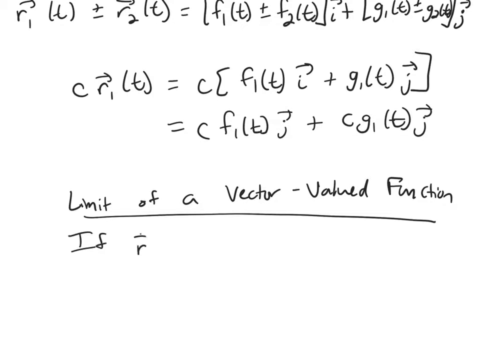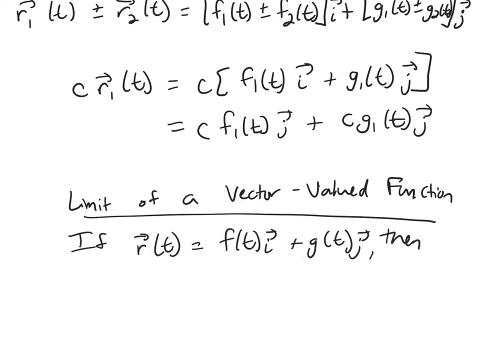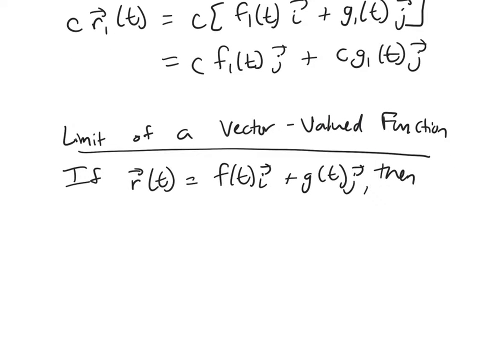So if r(t) = f(t)i + g(t)j, then when I take a limit as t goes to a of r(t), you're just going to take the limit of each of the component functions.